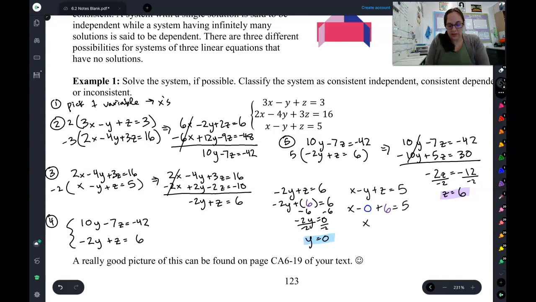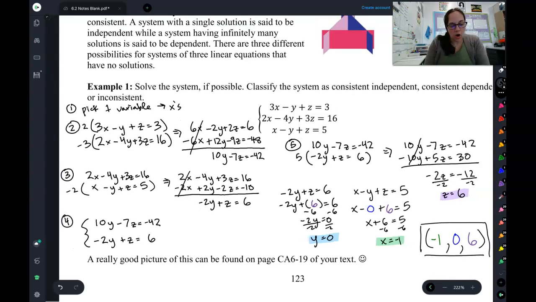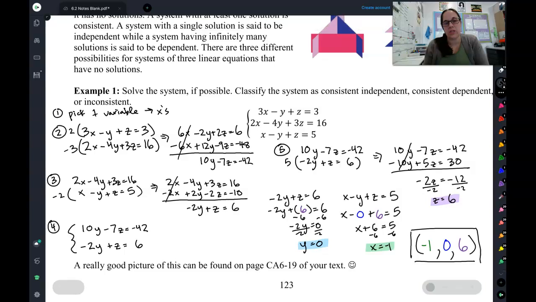So I get x plus 6 equals 5, and I get x equals negative 1. And now that I have x, y, and z, I can write out my coordinate pair, negative 1, comma 0, comma 6. That is the point that all 3 equations have in common.